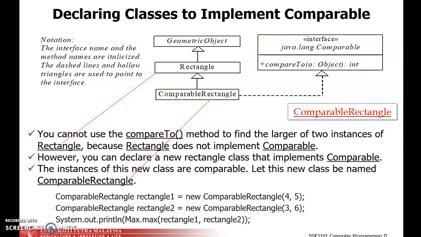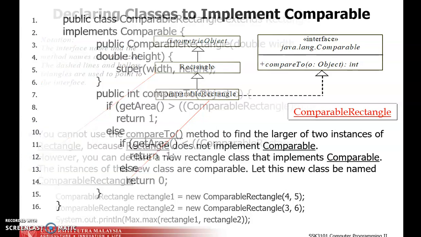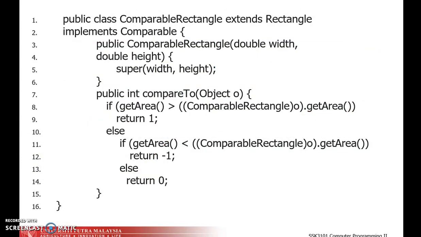The following program illustrates how we construct ComparableRectangle objects or instances called rectangle1 and rectangle2 with predefined input values for their height and width. Finally, we have an example program for you to implement in your Eclipse editor. The following program called ComparableRectangle extends the Rectangle class and implements the Comparable interface.